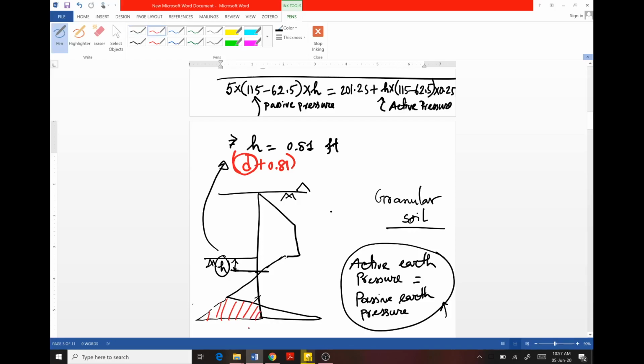The red hatched area is just imaginary. The black one is the actual earth pressure diagram. Now we can use the equilateral triangle equation for determining the value of P4. So what is P4? This is P4.